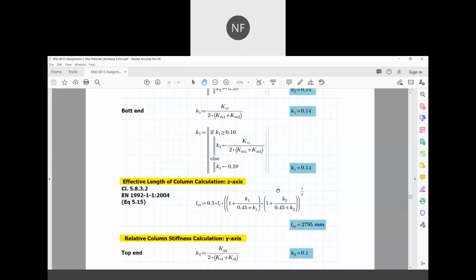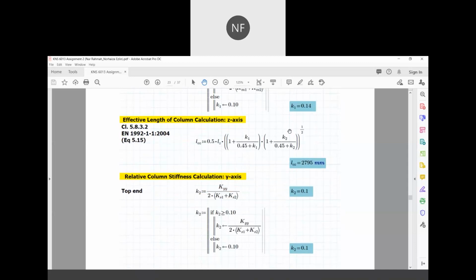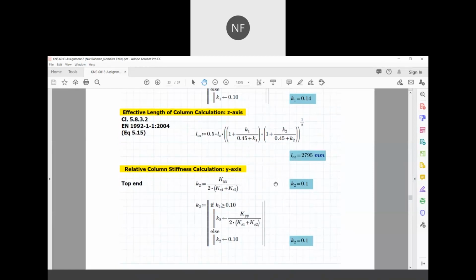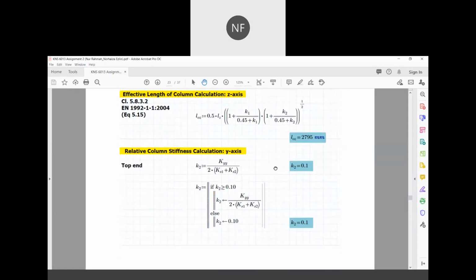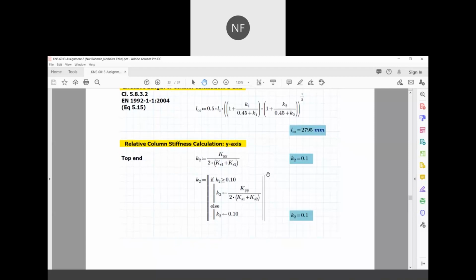And here's the effective length of column calculation at the z-axis, where we obtain the formula from Eurocode 2 clause 5.8.3.2, and it is equal to 2,795 mm.